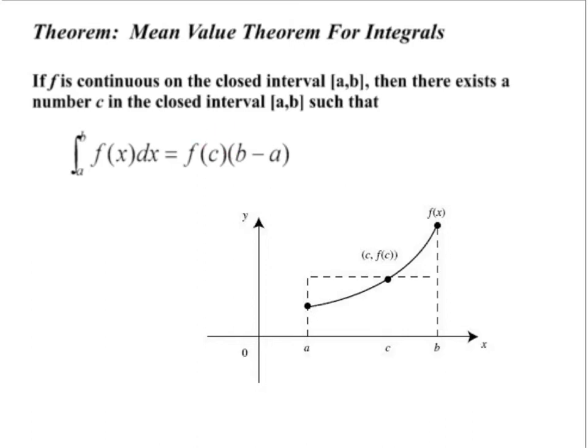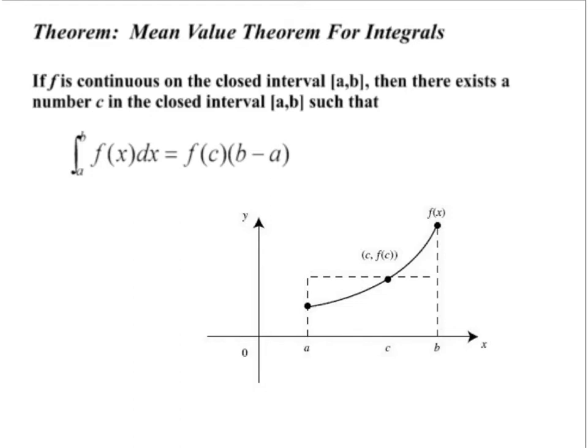So what that says is you would have f of c, that's the height, right? That's the height of your rectangle. And then b minus a would be the length of the rectangle. So this is the area of this rectangle that's drawn through c, and that is going to be equal to the area under the curve. And so that is your mean value theorem.